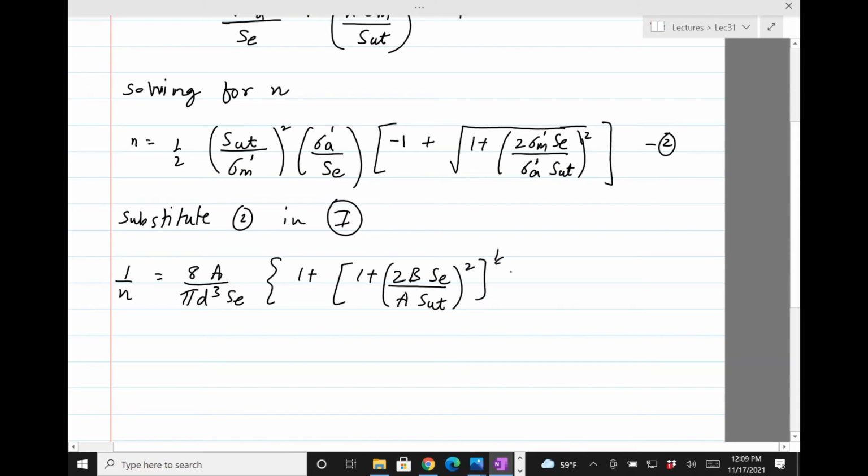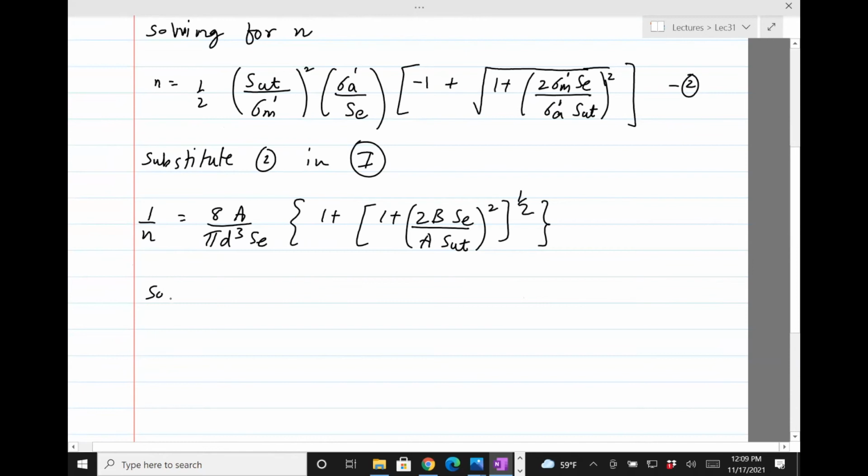Okay, we need to take the square root of this. That's about it. So then we can solve for d.